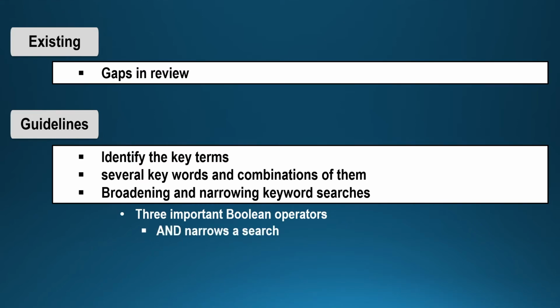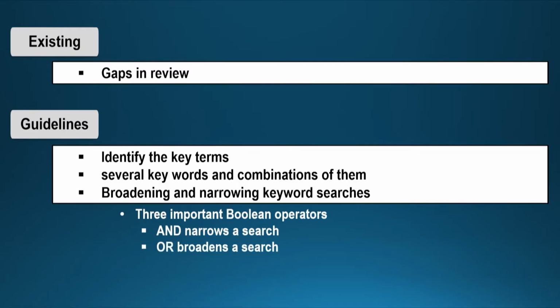AND narrows a search. If I had taken up emotional intelligence and job satisfaction, when I put this in the search, all those studies which have studied these two variables together would appear. So I narrow down the search. Studies which have studied these variables independently will not appear.